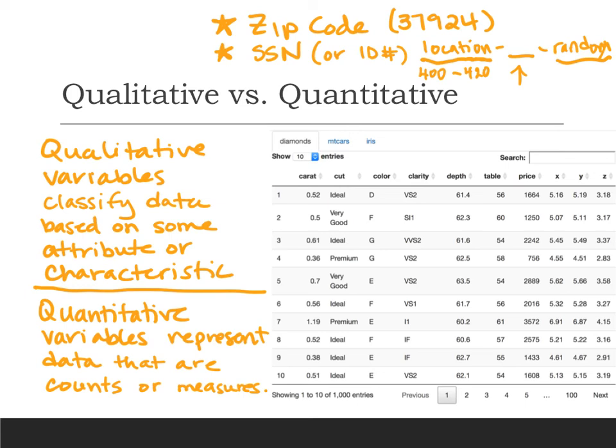So how many people are in a room versus how much square footage is in a room. One of those is counting, one of them is measuring.